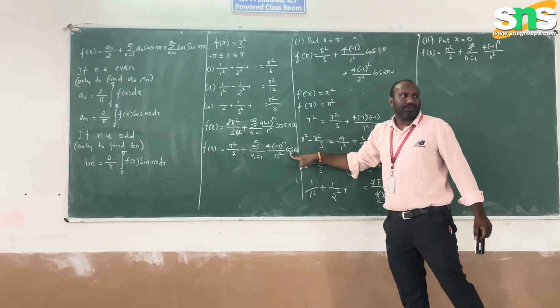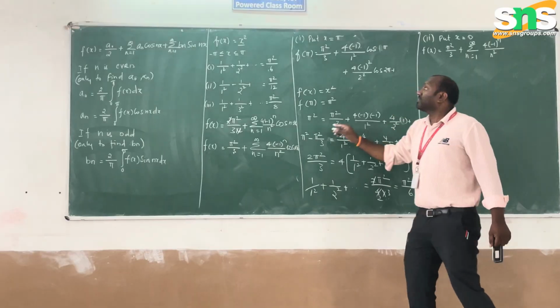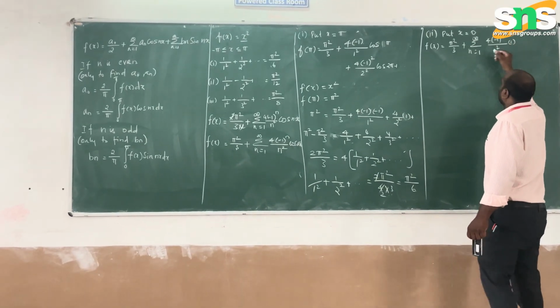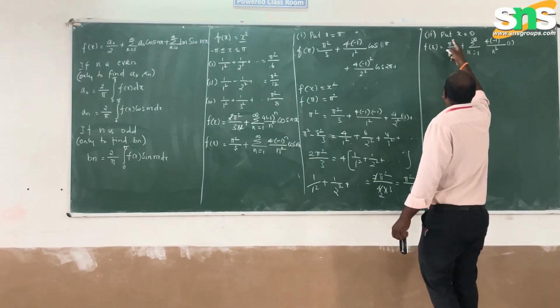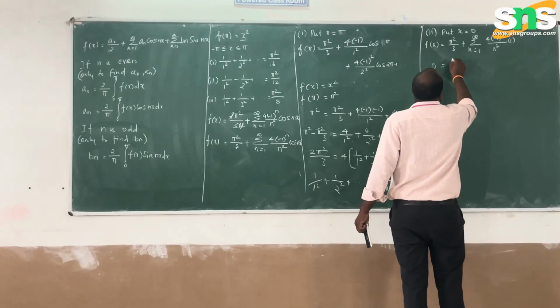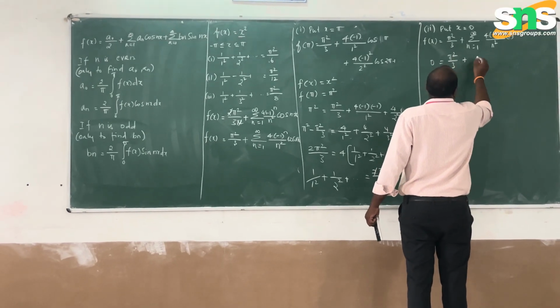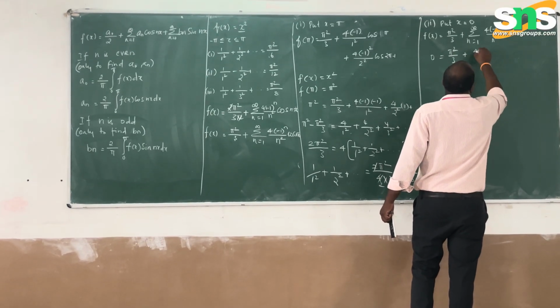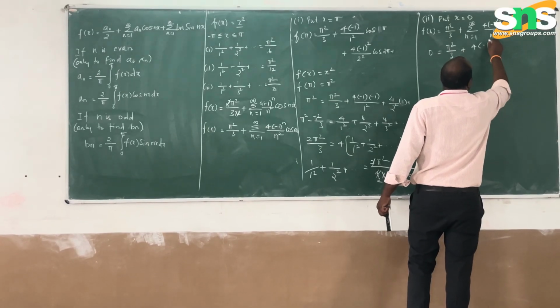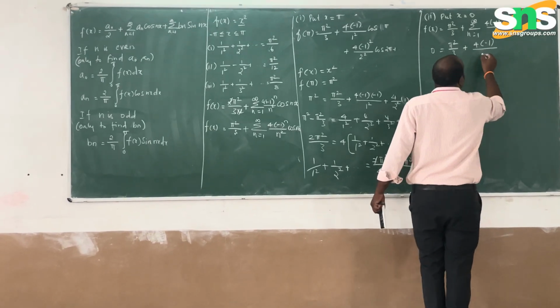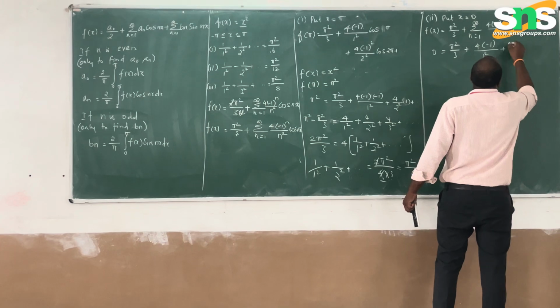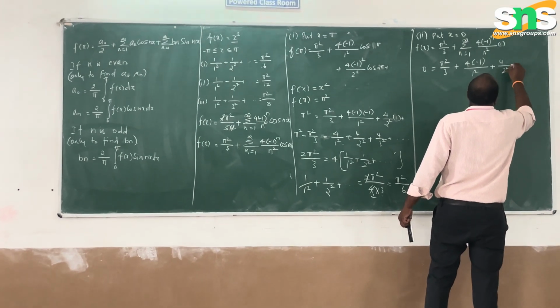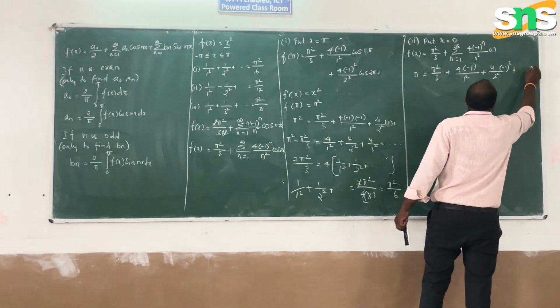What is the cos 0 value? 1. So that is 1. That's all. So then we apply the value of 0. Then 0 is equal to pi square by 3 plus 4 into (-1), then let me apply the value of 1 divided by 1 square. So plus 4 by 2 square into (-1) power 2 plus and so on.